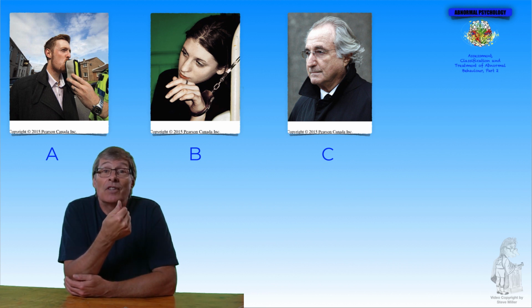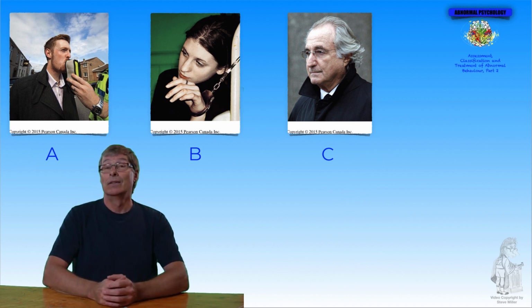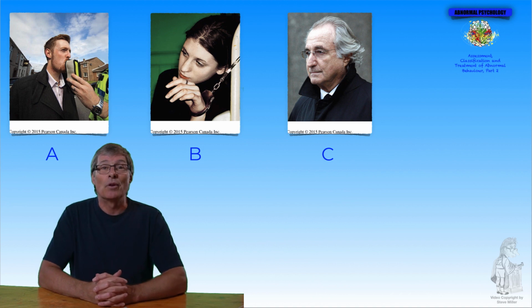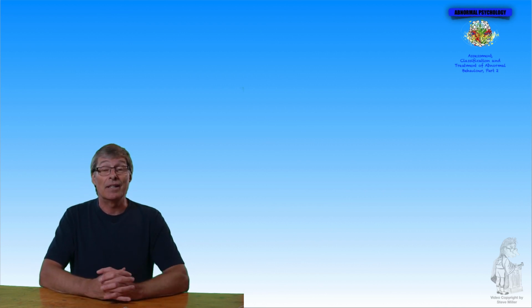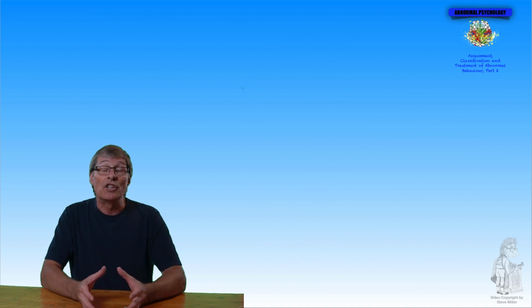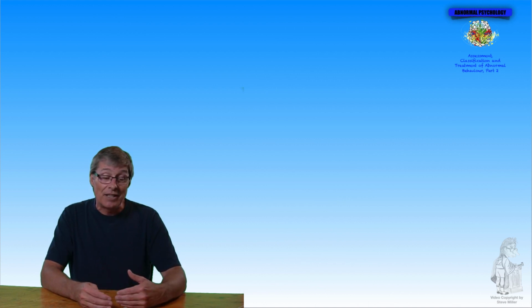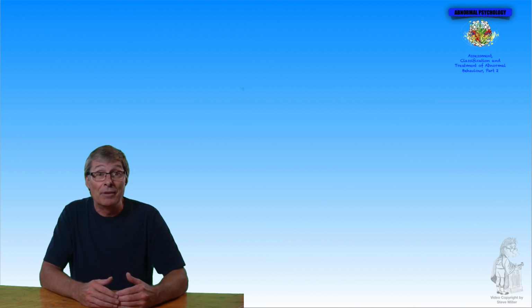Or is it the scheming corporate executive, Bernie Madoff, C? There's no absolute right answer. So when we think in terms of dangerous, it's really not easy for everyone to determine. So getting somebody hospitalized because they're a danger to self is not something that happens very commonly.